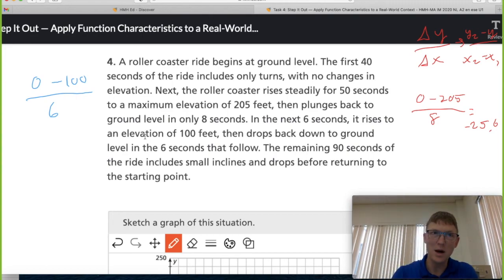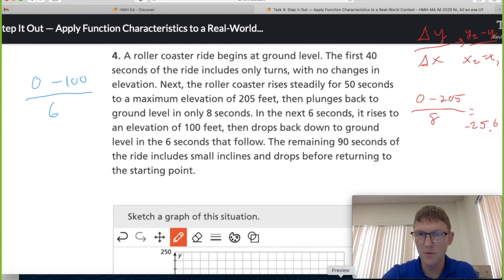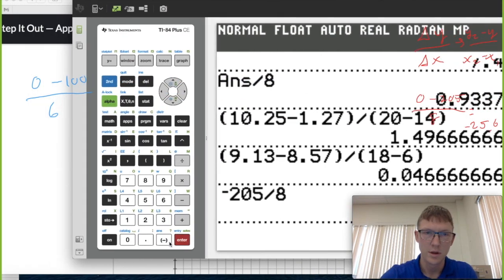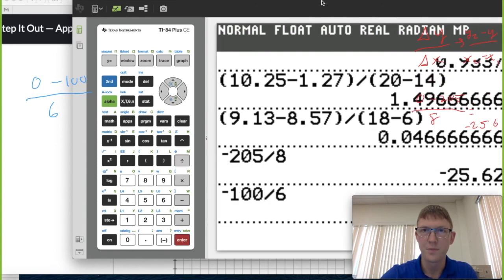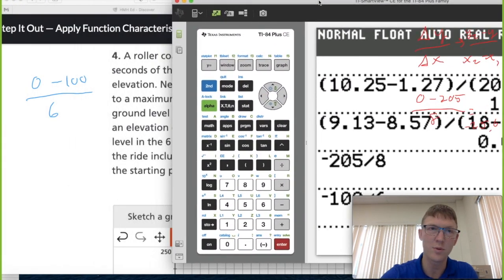Same concept, it's giving us our change in time, 6 seconds. So we take negative 100 divided by 6, and we are going to have negative 16.7.